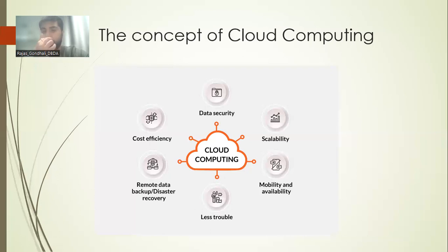Let's say, for example, I am not using any cloud computing services for my website, and I have all the physical things. I have the physical machines, the databases, the security services, everything set up in my office.